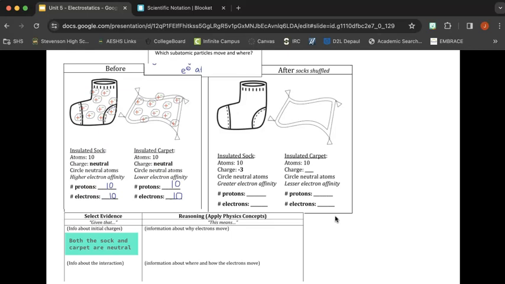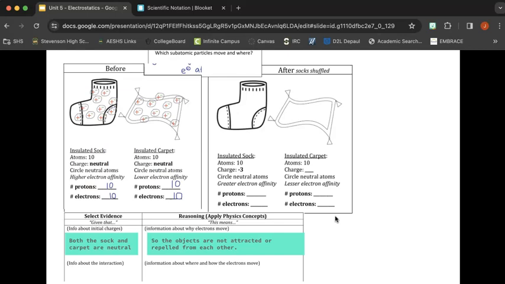One is that electrons are attracted to exposed protons. Another is that electrons are repelled by excess electrons. And there are no exposed protons in either of our models, and there's no excess electrons in either of our models. And so neither of those reasons can be the reasons that electrons move. And so the objects are not going to be attracted or repelled from each other.